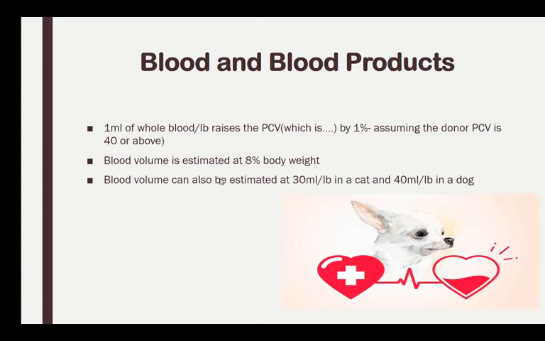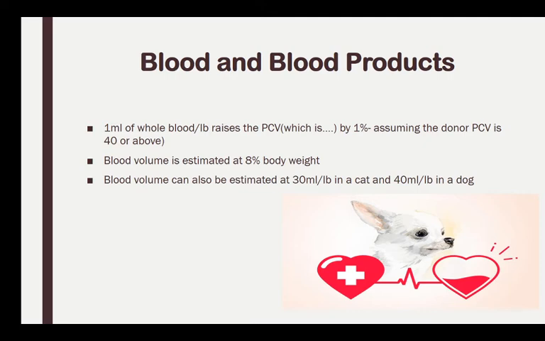We need to raise it to 35% if it's a 10-pound dog. If it's 1 mL per pound, we need 10 mL for each percent, which means to get it up to 35%, we need to give 350 mL of whole blood.